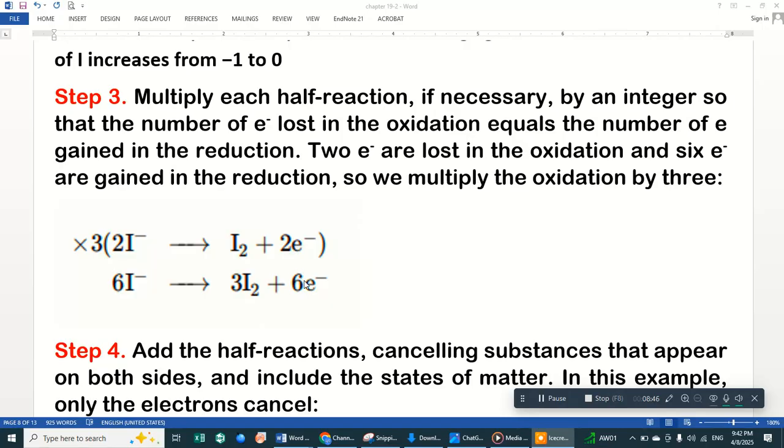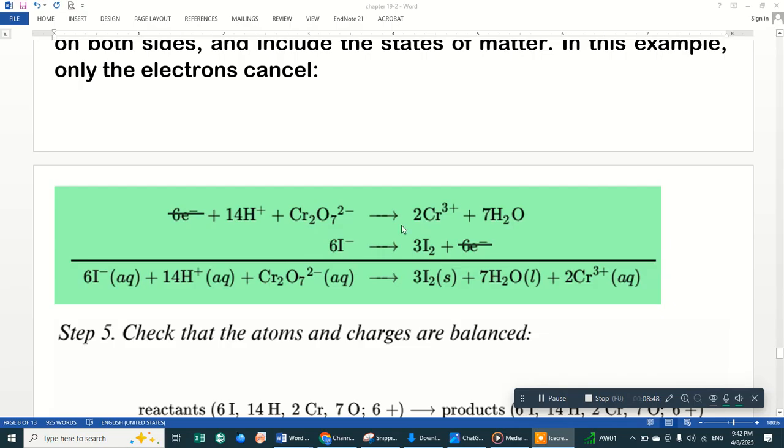It means the loss of electrons and gain of electrons are balanced. Gain of electrons in the reduction process, and loss of electrons in the oxidation process. The electrons cancel. Now all the reactants are put on the left hand side, and all the products of the oxidation half reaction and reduction half reaction are put on the right hand side. Now the equation is balanced.